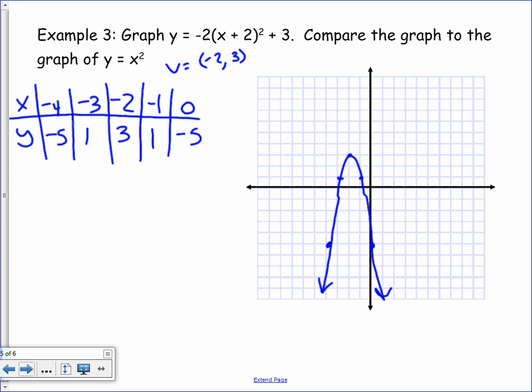All right, now comparing this graph, this graph opens down. It is narrower.